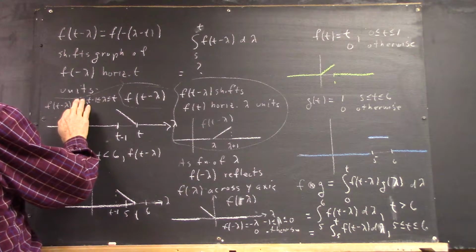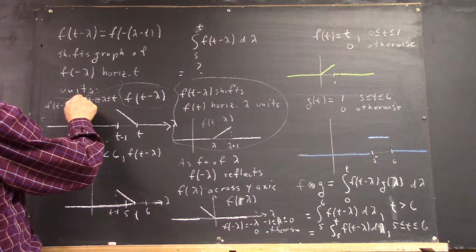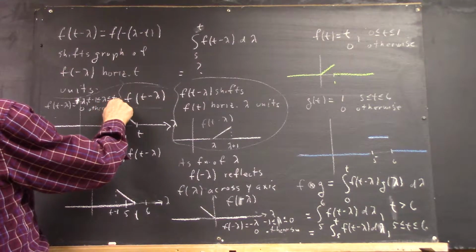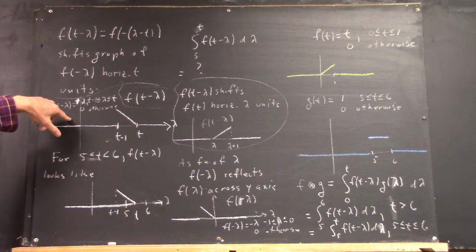And it's not equal to t minus lambda, it's, yeah, well, it has to be, and 0 otherwise. Yeah, that's right. Okay? I got a question, Mr. Smith.